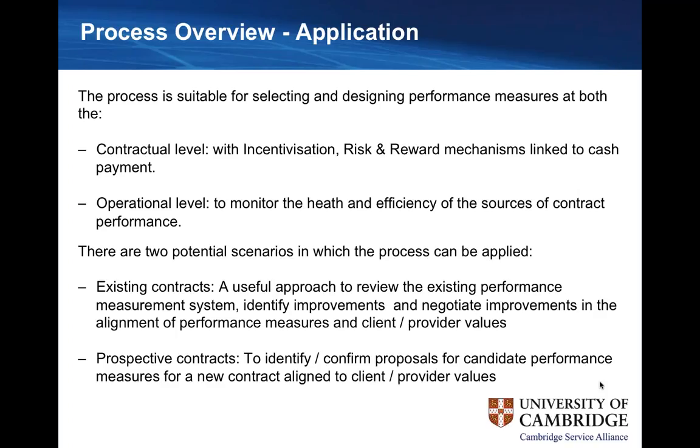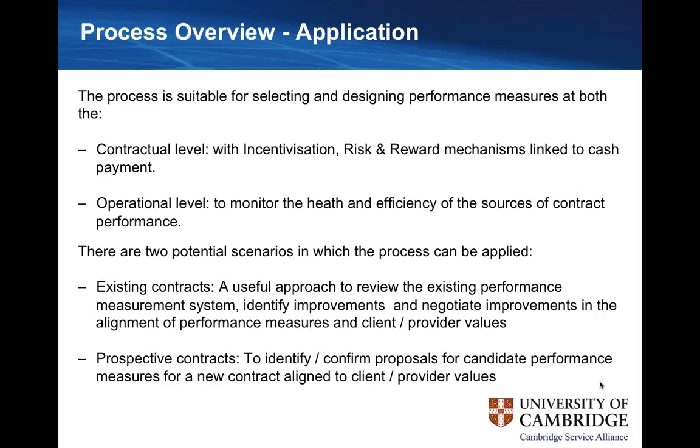And then there are two scenarios that you can try and apply this thinking process to. The first one is for existing contracts, and here we've done both of these scenarios. When we used this particular process with WISME, we were actually using the process to reflect on whether the metrics, the KPIs that were being used in the WISME contract were the appropriate ones.